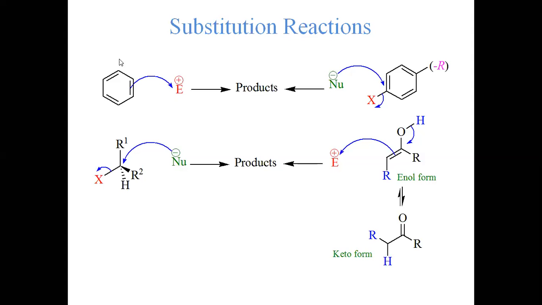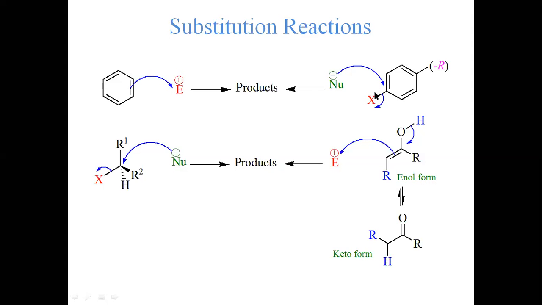Right, so this is the very first set that you have already come across, just finished right now: an electron-rich aromatic substrate reacts with an electrophile, forming products.